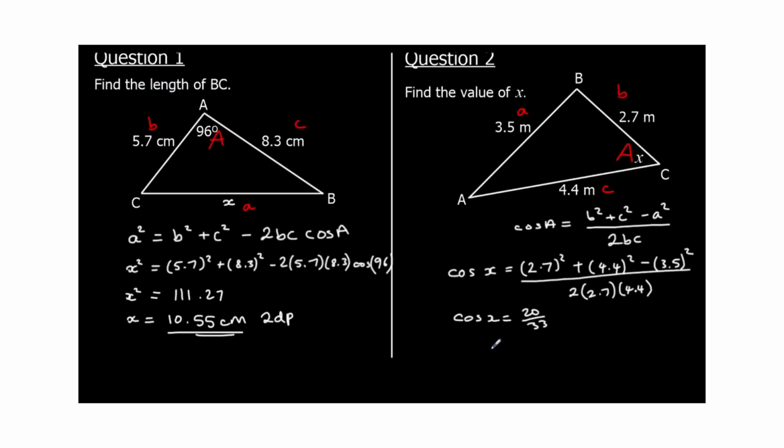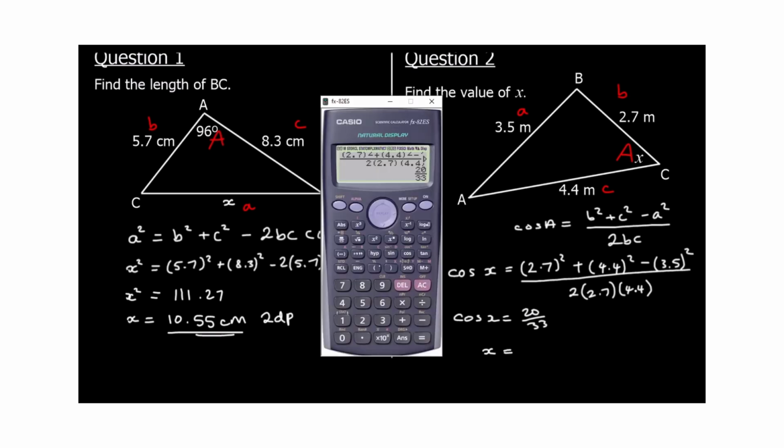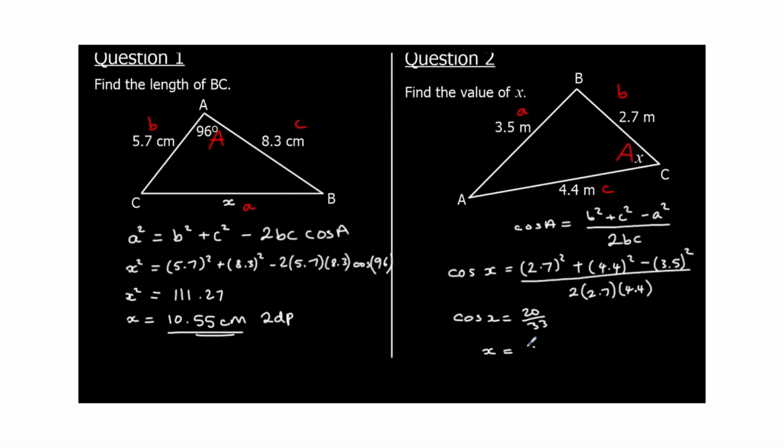We want to get x by itself. To get cos away from x, we shift cos. So shift cos the answer, and we've got 52.69. So 52.69 degrees to 2 decimal places.